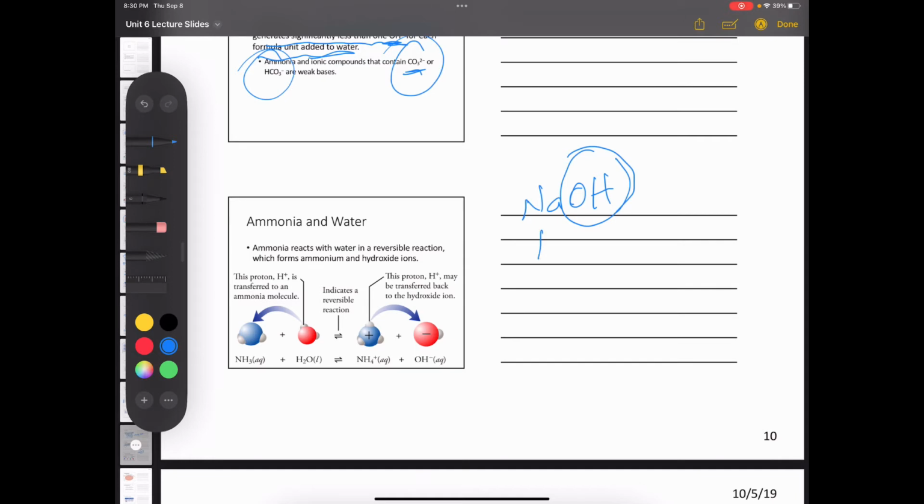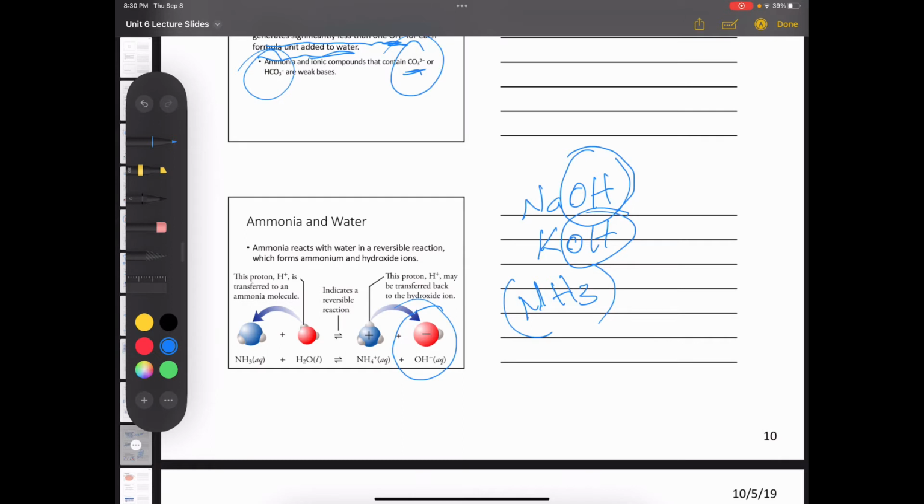Same thing with KOH. I have OH in my molecular formula, so evidently OH will be part of my products when a dissociation reaction takes place. But when you look at NH3, which is ammonia, I don't see any OH in ammonia. However, I still get OH as part of my products.